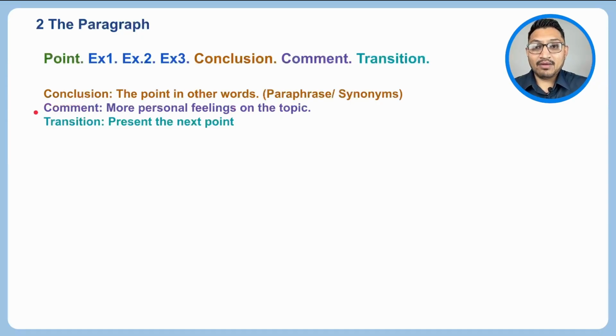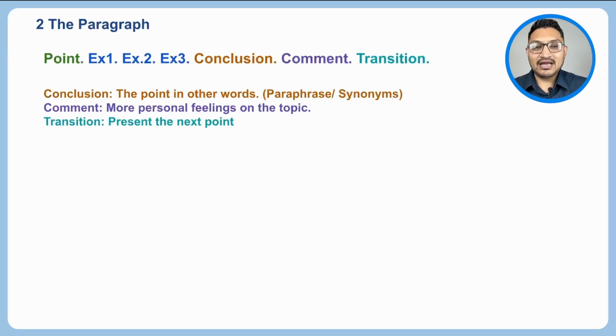Then the comment is more like a personal feeling about the topic, your personal opinion or view about the point. And finally, we have this element called the transition. The transition is the next point presentation. You finish by presenting what you're going to say in the next paragraph.